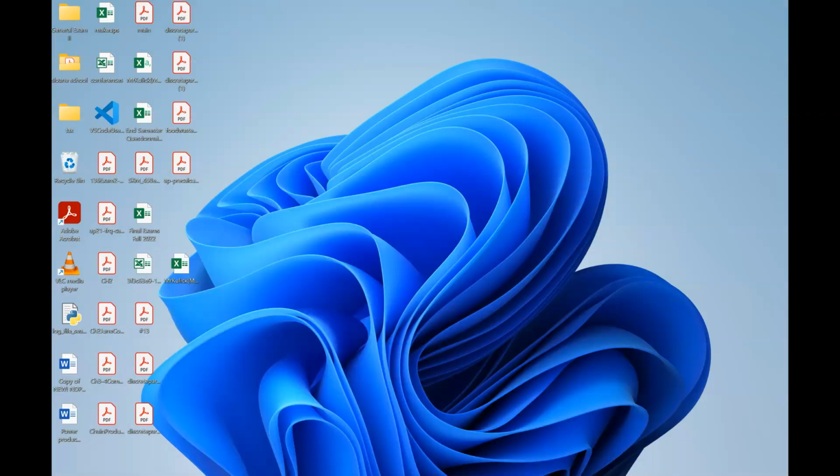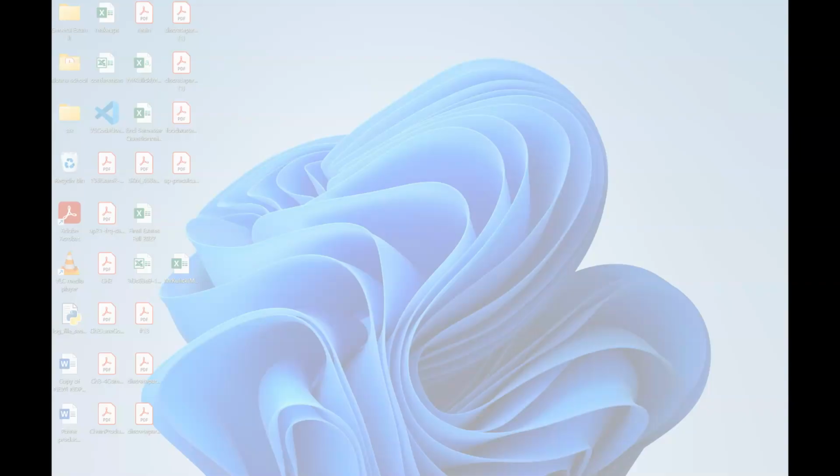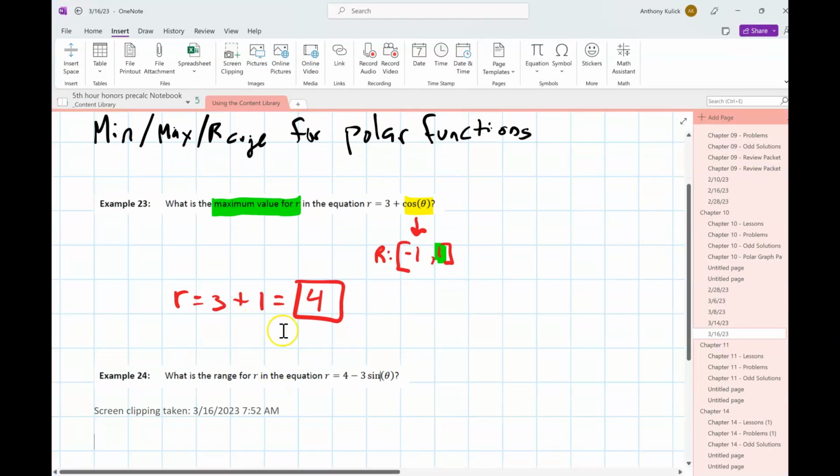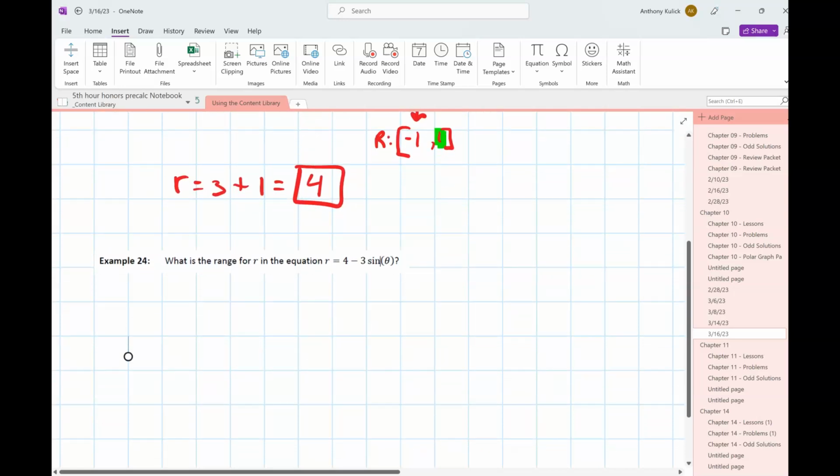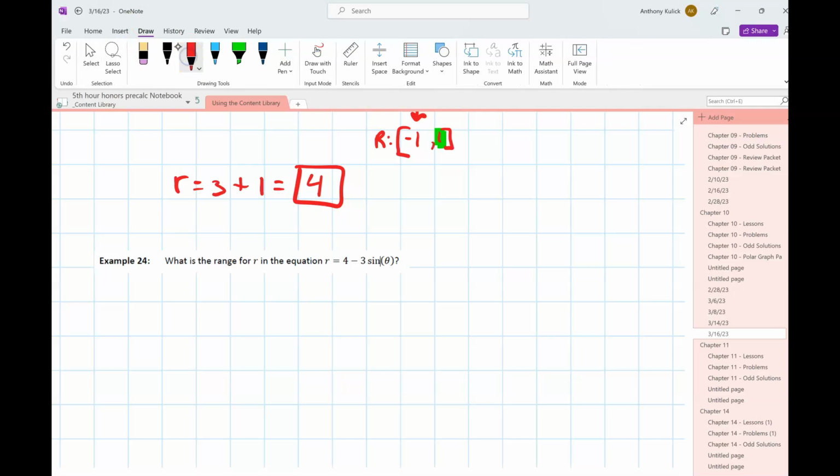Okay. Let's do a range question then. So let's say we were interested in the range of r in the equation r equals 4 minus 3 sine theta.